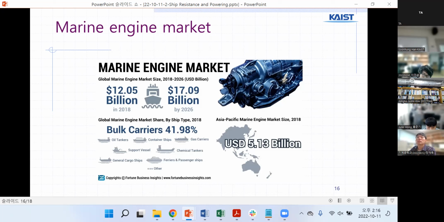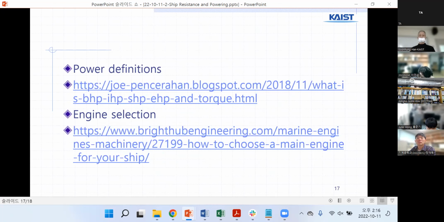Anyway, we need to have many engine makers, not shown here. So you can see more items from these slide sets or websites to get more ideas on choosing a main engine for your ship, torque.